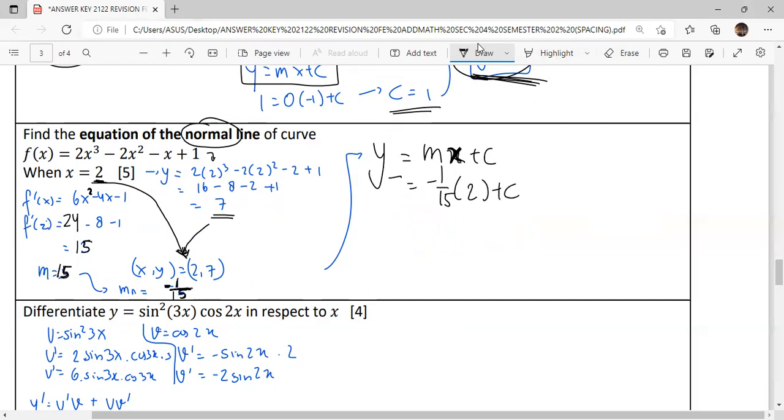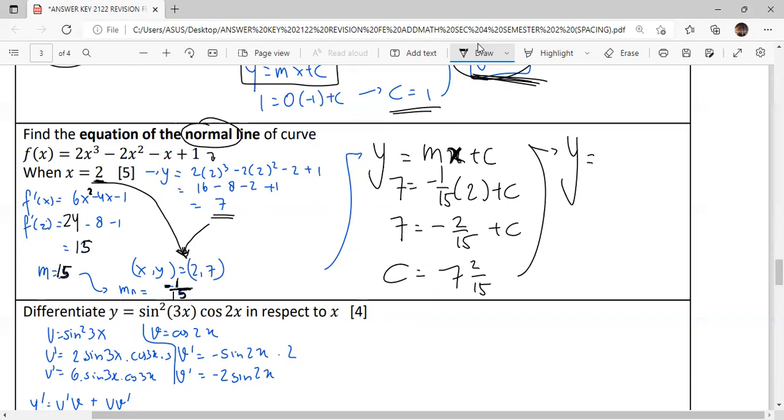Y is 7. So 7 equals negative 2 over 15 plus c. So c would be 7 and 2 over 15. I'm tired of calculating with ordinary fractions, so back to the original. The equation is y equals negative 1 over 15 x plus 7 and 2 over 15. Okay, next.